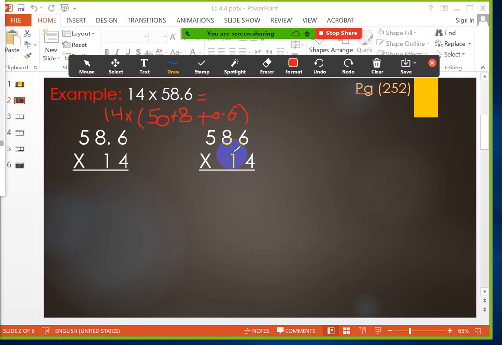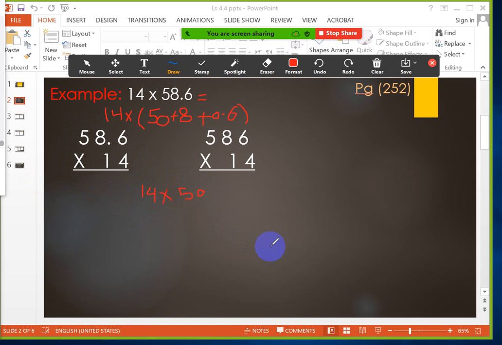Okay, then I will order the answers and add all the answers. Let's do it right here. First one. So you know that 14 multiply 50, this is the first answer. I will write it here. That means I will multiply 14, this is the number, with 5 in the 10th digit, which is 50. So the first step, I will multiply 14 with 50.